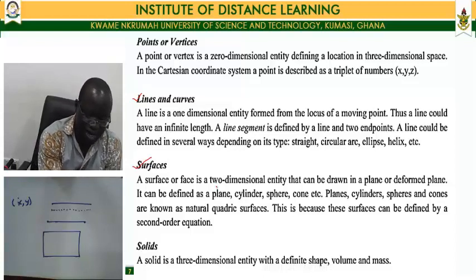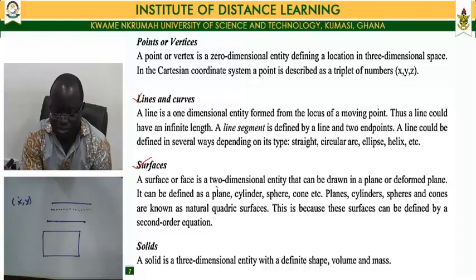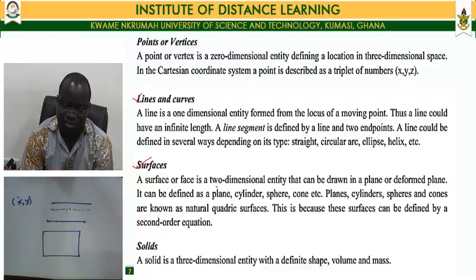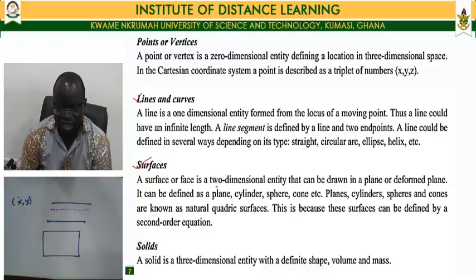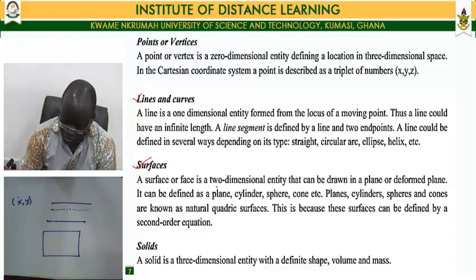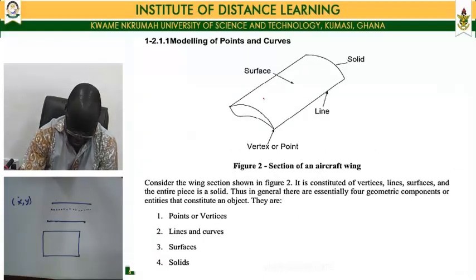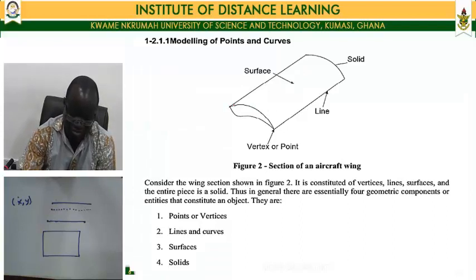Now this is a plane which is not deformed, but we can have a deformed plane like the section of the wing of the aircraft. That surface is a deformed plane like this surface over here. It's still a plane, so the plane can be just a plane surface, straight, or a deformed plane.